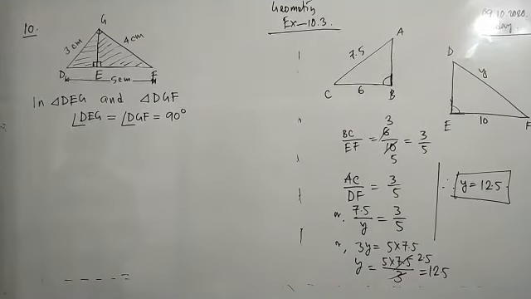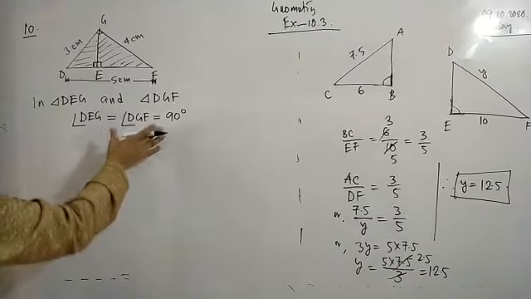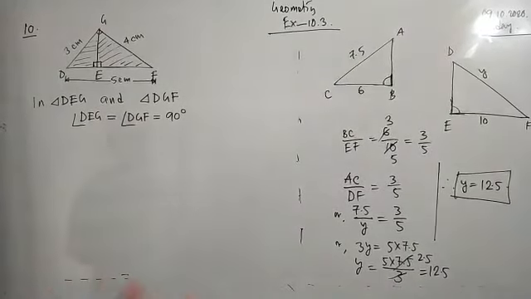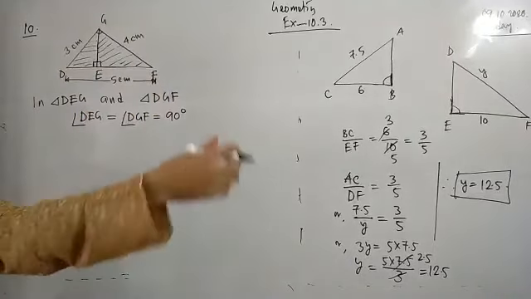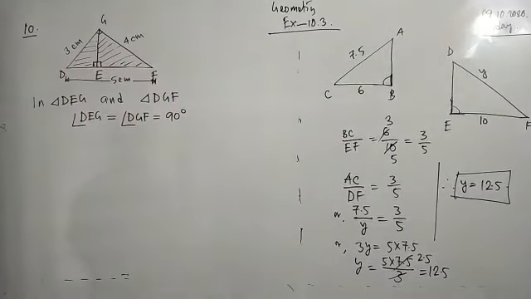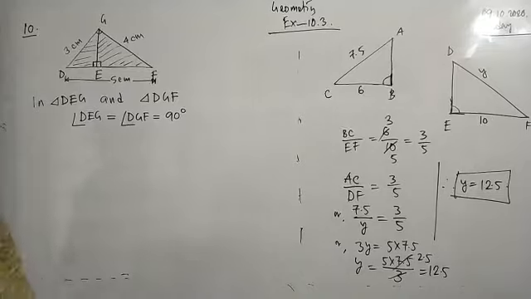After that, we already understand that both of these triangles are right angle triangles, and for right angle triangles, if we show that the hypotenuse ratio and one side ratio are the same, we can say they are similar.